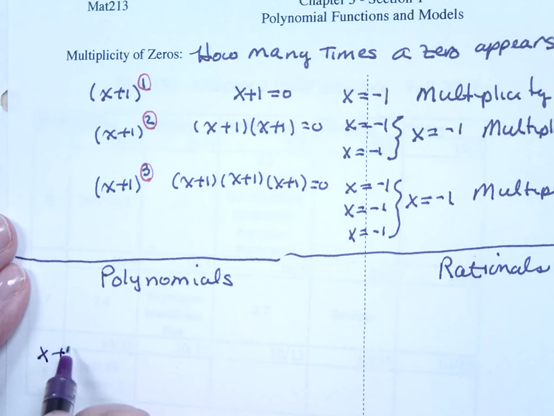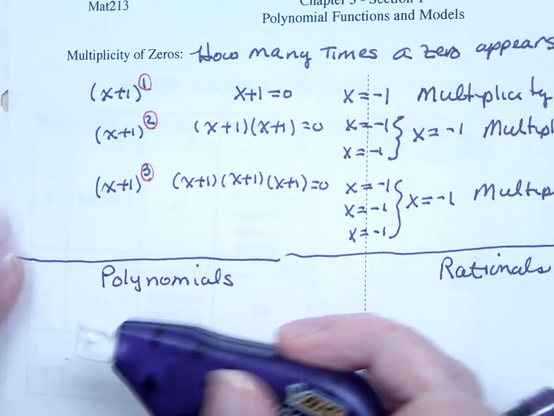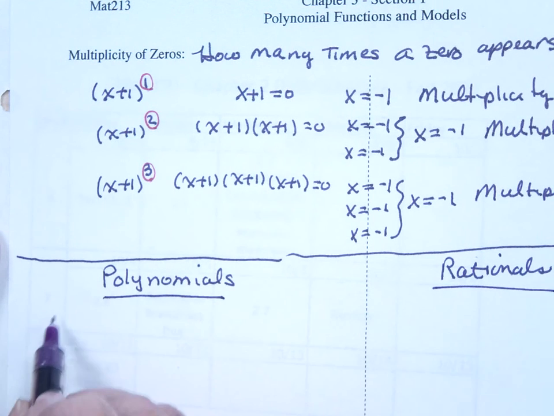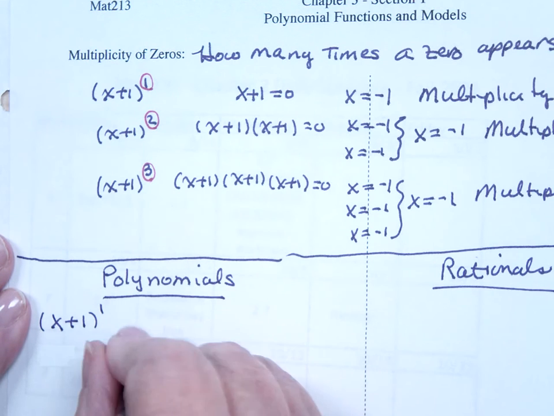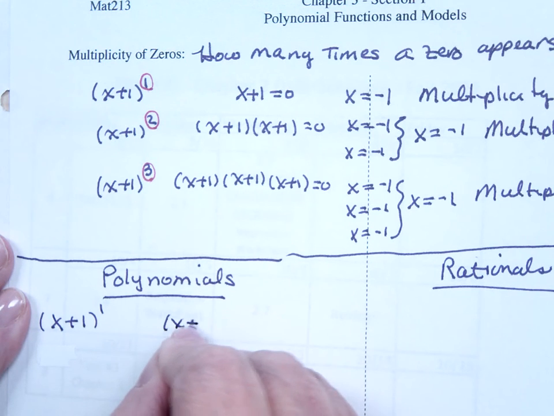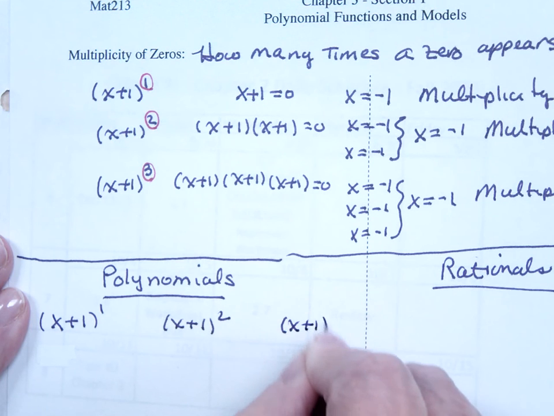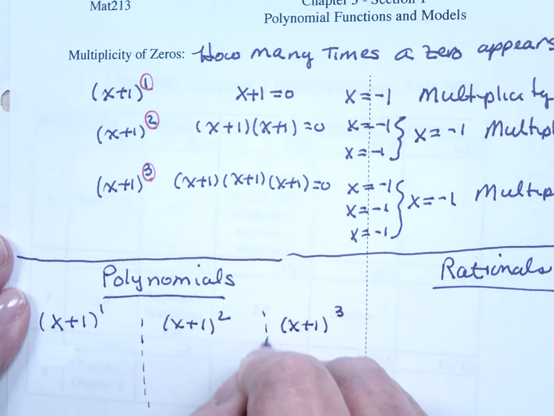Let me move this up a little bit, because I'm going to need the space. So polynomials, rationals. X plus 1 to the 1 power, and then x plus 1 squared, and then x plus 1 cubed. So that means there's going to be three columns.